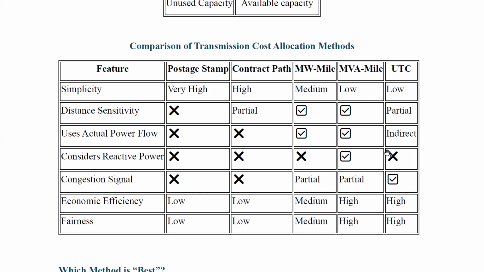For example, they will consider MVA in one part and actual power flow in another. For congestion signal, MVA mile is partial, but UTC is full. That's why we can go for a hybrid method. The factors which are low, we can add over here, and the resultant will be good. So these are the comparisons of all the transmission cost allocation methods.